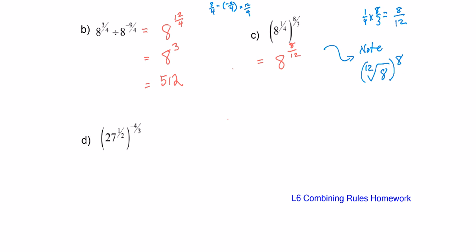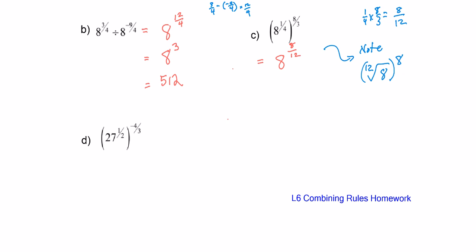So we're going to reduce that fraction by dividing the top and bottom of 8 and 12 by a common divisor, something that could divide both of them. The greatest common divisor is 4 in this case. So we divide both the top and the bottom by 4.